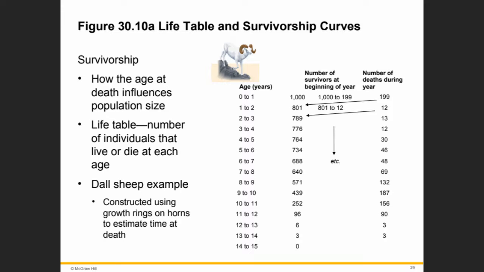At the age 14 to 15, there are no survivors, because the number of survivors at 14 is 3, the number of deaths is 3, and 3 minus 3 is 0. That's the relationship between survivors and deaths.